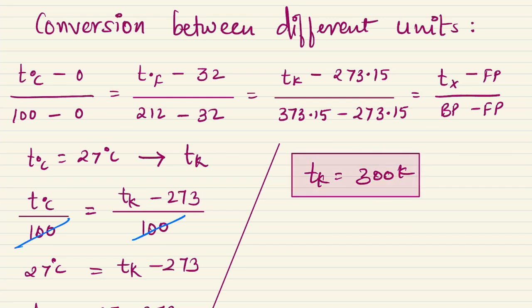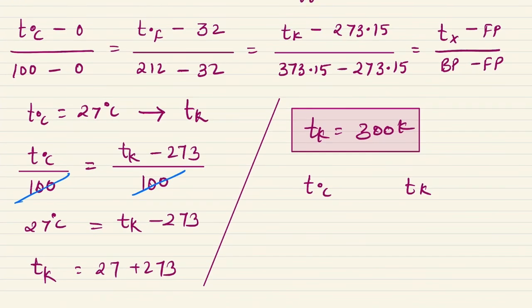The reason I took this example is that if the temperature in Celsius was 27 degrees Celsius, the temperature in Kelvin came out to be 300 Kelvin.